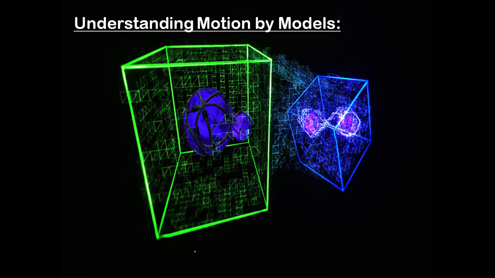Now that was all about the postulates of quantum mechanics. In quantum mechanics, as I already told in the previous video lecture, motion is studied by models. There are certain models to study motion. Motion can be translational motion, electronic motion, vibrational motion, or rotational motion.